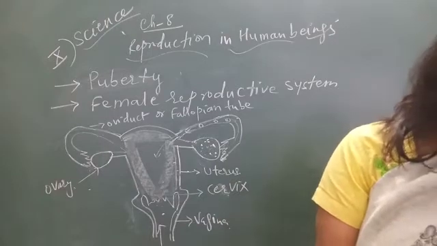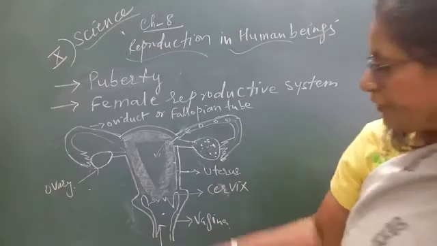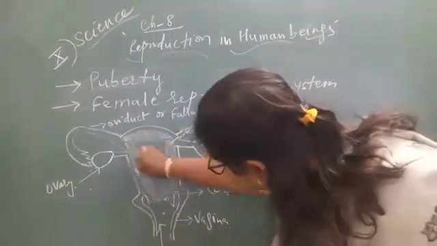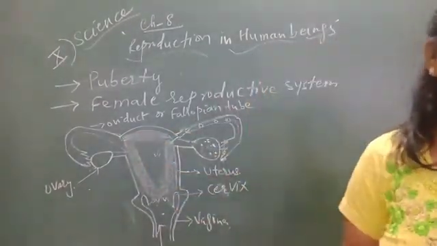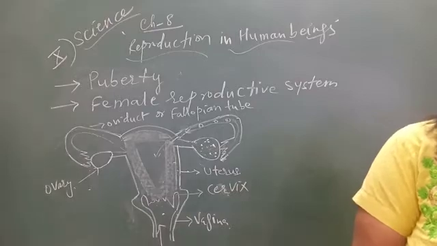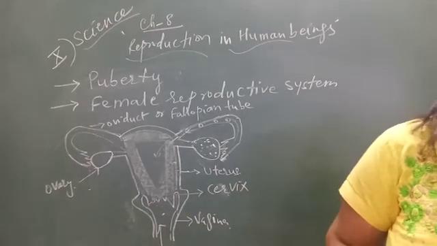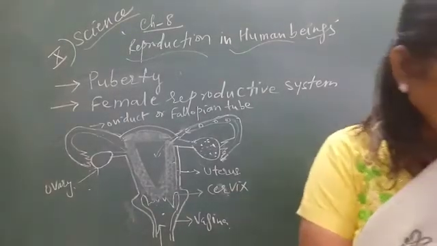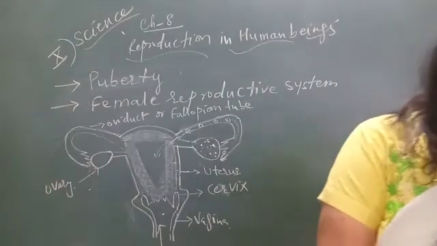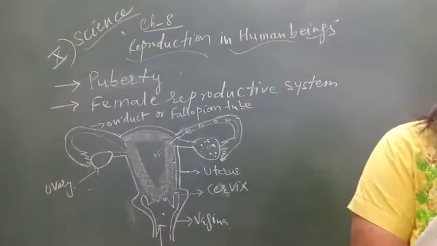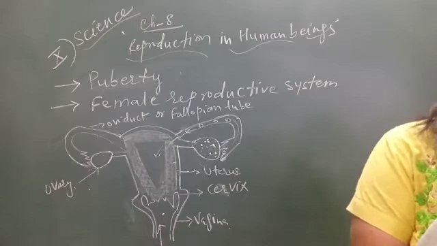The embryo is implanted in the lining of the uterus, which is called the endometrium, where it continues to grow and develop organs to become a fetus.